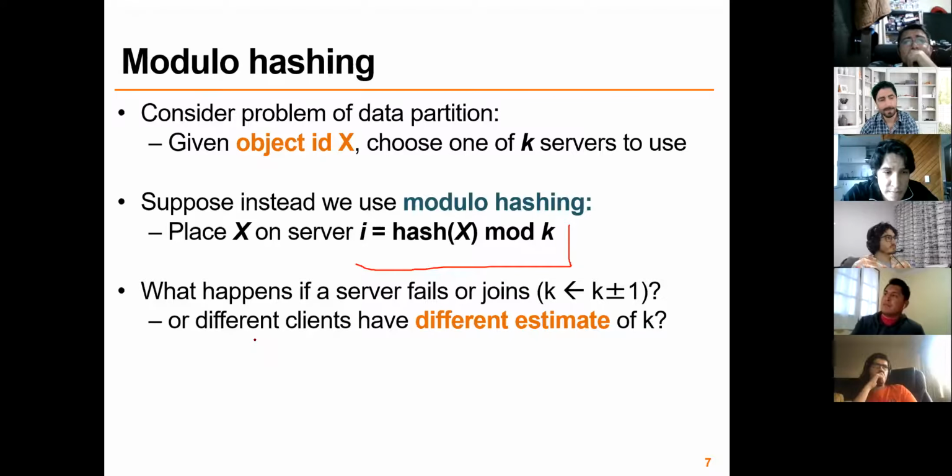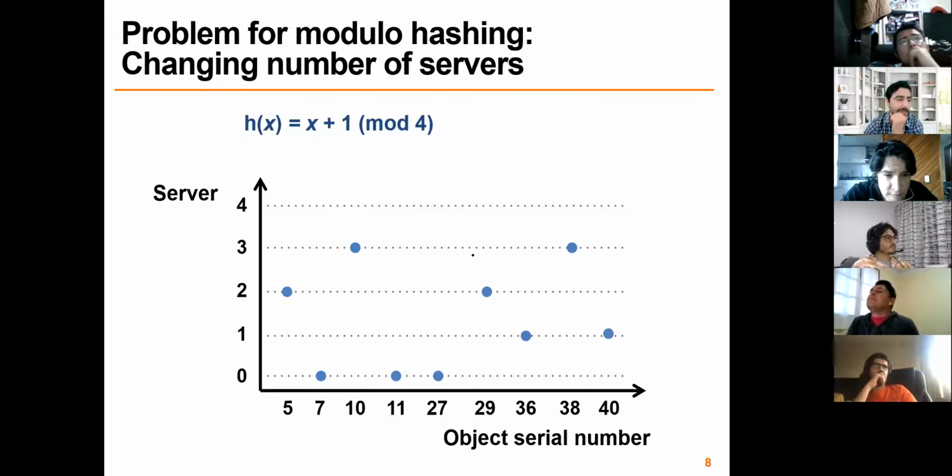Let's say these are the object serial numbers. We have 5, 7, 10, and so on, and we have these 5 servers in the network from 0 to 4. So using this equation that we just discussed, the same thing that we were talking about last time. Don't get confused by the equation.